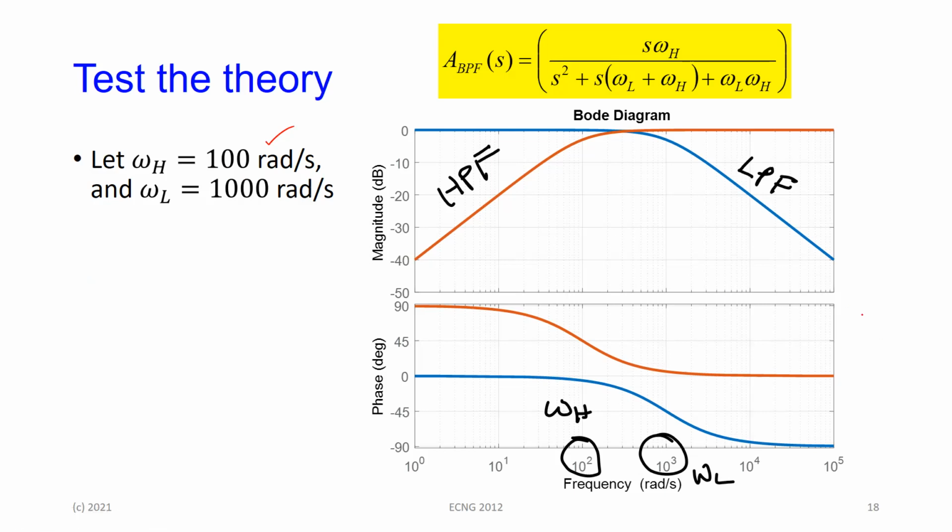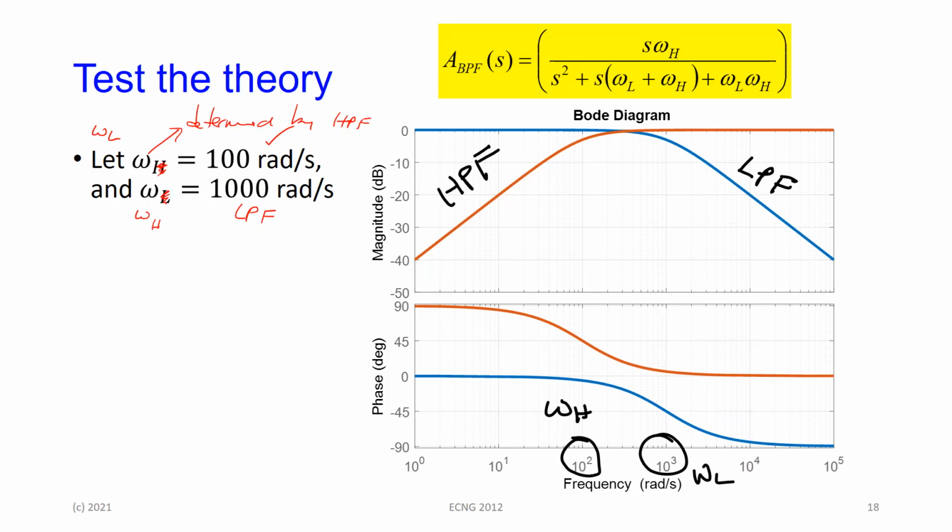The lower cutoff frequency is 100, which is determined by the high pass filter. I'll correct that. I think actually I should have put it the other way around. Call this omega L, which is determined by the high pass filter, and omega H, which is determined by the low pass filter here. So make that little change for me.